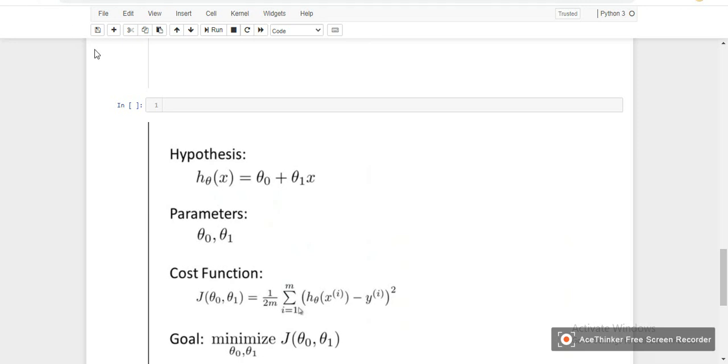So far, what we mathematically discussed is the hypothesis of an algorithm or a model that we build. These are the parameters that are responsible for the equation of the line or the hypothesis. This is the cost function we must minimize in order to get a best fit line. So our goal is to minimize this cost function J of theta 0 and theta 1. So let us go deep into this cost function.